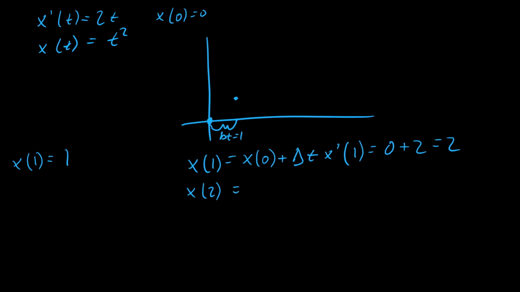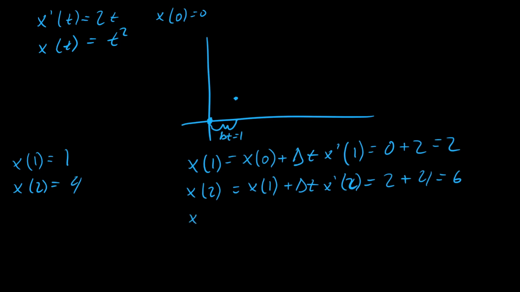That's going to be equal to x of 1 plus our delta t, which is again 1, times x prime at 2. So now it's going to be 2 plus 4, which is equal to 6. And analytically, we can look at x of 2, which is going to be 4.